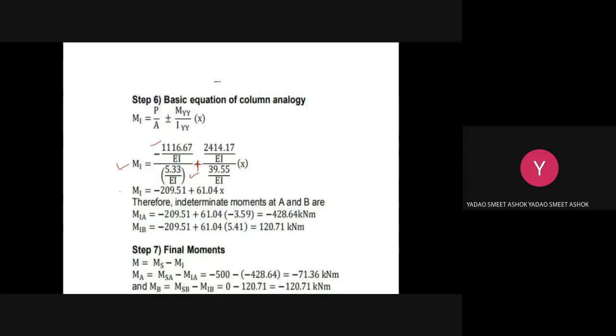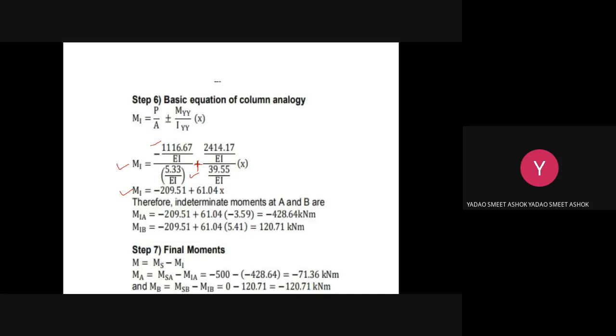You will get the equation in terms of x, that is minus 209.5 plus 61.04 into x. Then find out the indeterminate moments at A and B.